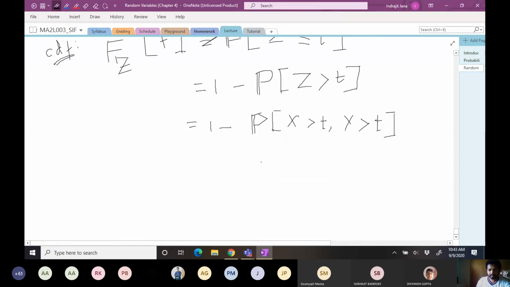Since x and y are independent, you can write this as 1 minus the probability of x bigger than t times the probability that y bigger than t.